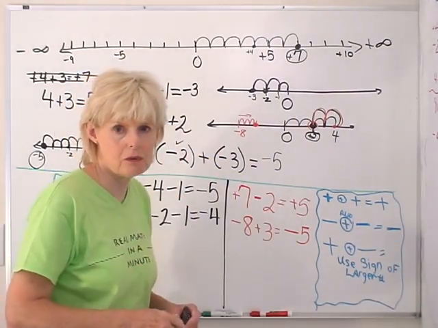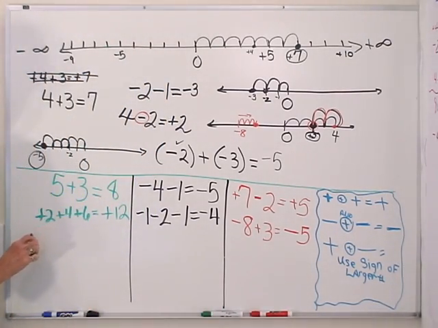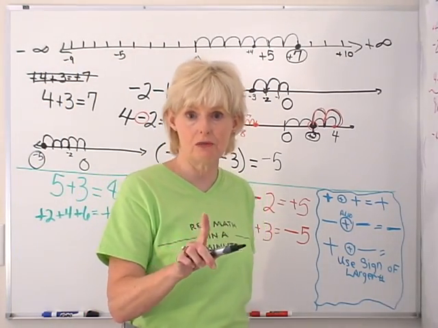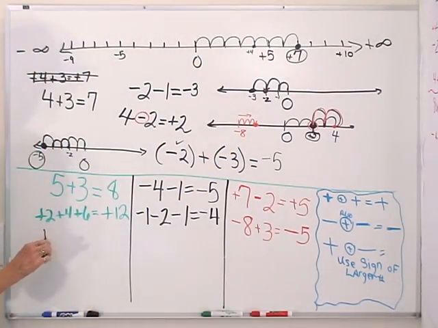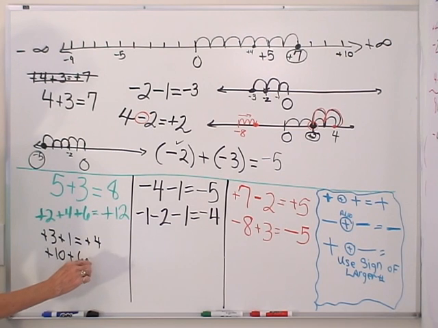Really quickly, and then we will finish this. Let's take some of these. You say the answer before I write it down, and then you can check and see if you're right or not. +3, +1. Got your answer? +4. +10, +6.